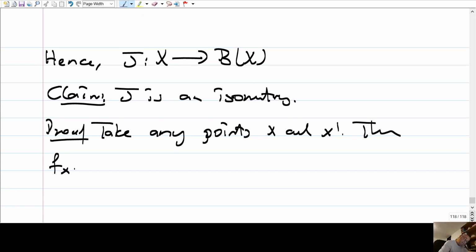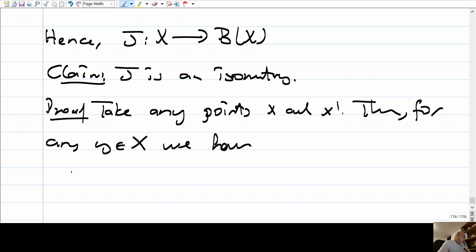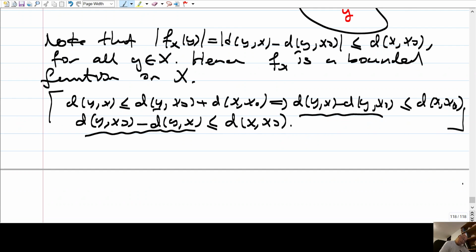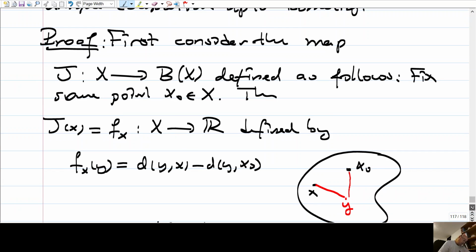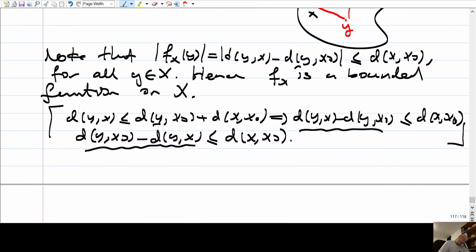Then for any y in X we have, so what is f sub x of y minus f sub x prime of y? Well, by definition, f sub x is just d(x,y) minus d(x,y0), that fixed point.